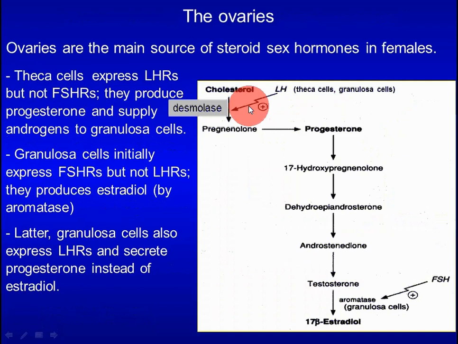Luteinizing hormone receptors activate cholesterol desmolase to increase synthesis of progesterone. Follicle-stimulating hormone receptors activate aromatase to increase synthesis of estradiol.